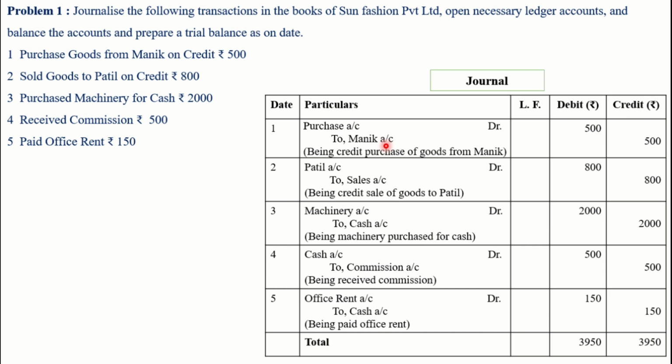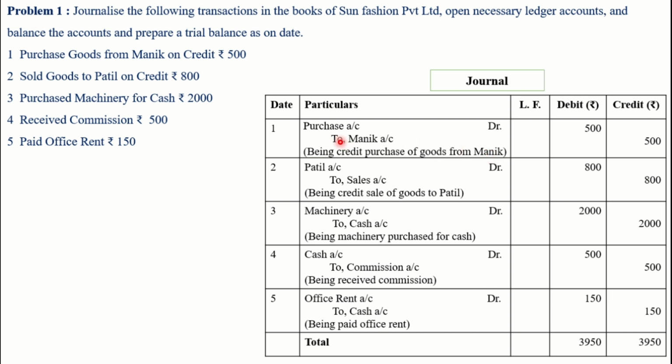Manik is giving the goods to the business of Sun Fashion Private Limited. That's why Manik account is credited with rupees 500. And this, being credit purchase of goods from Manik, is a narration, means short explanation about the transaction.